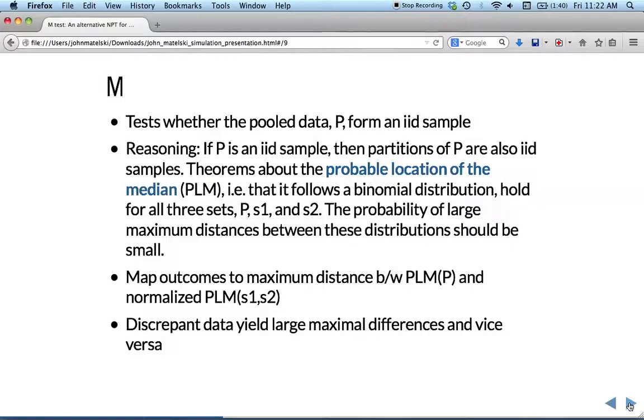And then you want to look at, when you partition the data, assuming things happened randomly, those two are not dependent, but have an odd sort of dependence in that they share the same parent, the same pooled data. So my idea is to look for the distance between the probable location of the median relative to the pooled data and the normalized product of the probable location of the median under S1 and S2. Hopefully this will make sense at some point.